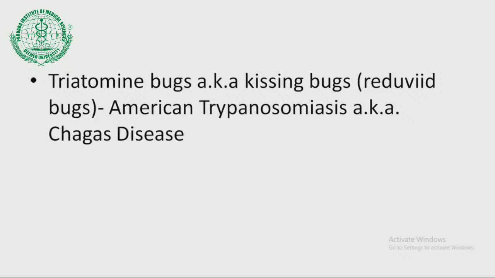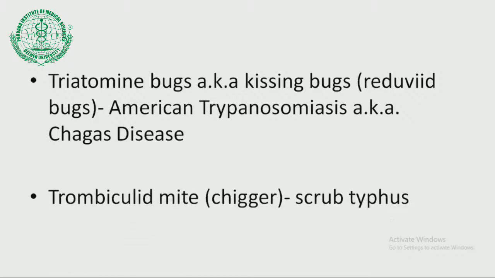Triatomine bugs are also known as kissing bugs, which is a group of reduviid bugs. These will be transmitting American trypanosomiasis, which is also known as Chagas disease. Trombiculid mite, also known as chiggers. The larval form of these mites or these vectors are called chiggers. These are responsible for transmission of scrub typhus.